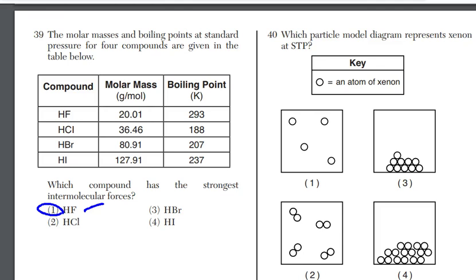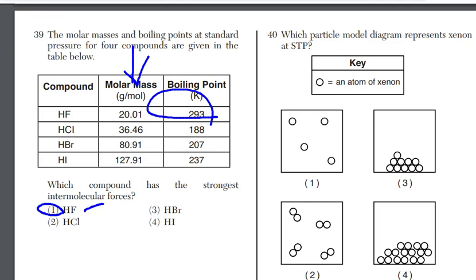Now, the reason for the information is that HF, while it has the lowest molecular mass, you would think the more massive, the higher the boiling point. It actually has the highest boiling point of the 4. You remembered that HF, H2O, and NH3 have the strongest intermolecular forces as far as molecule to molecule, known as hydrogen bonding.